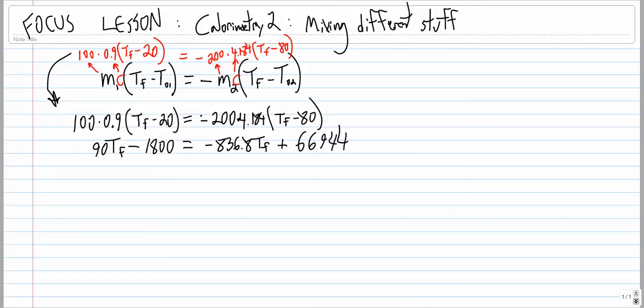Okay, so now I've got to decide. I think I'm going to keep my TF. I want my final TF to be a positive number. So I'm going to add 836.8 TF to this side. And I'm going to do the same thing to this side. 836.8 TF.